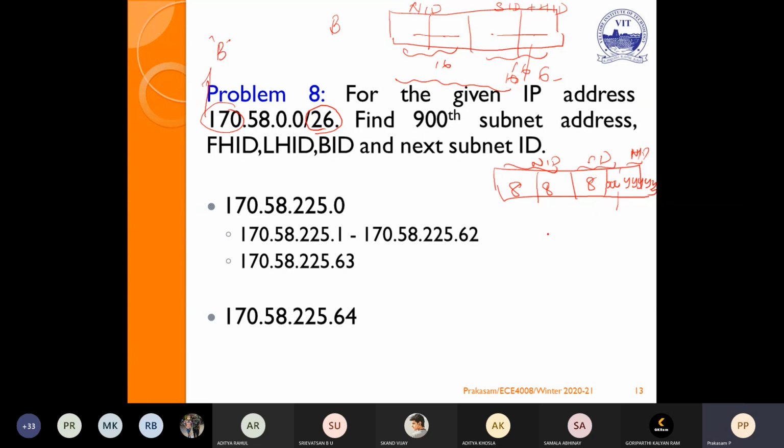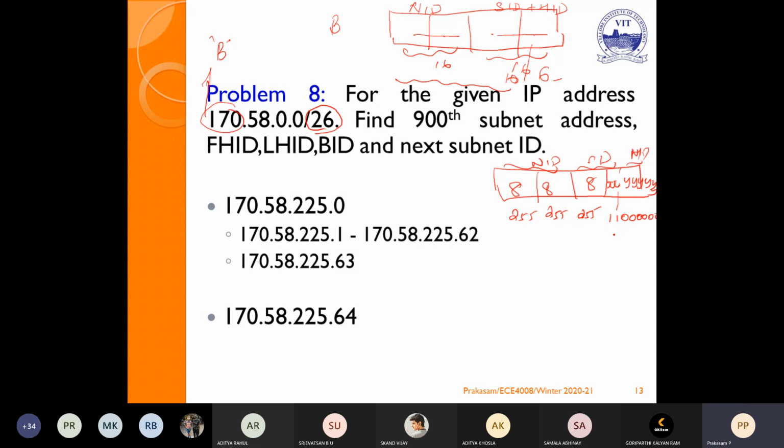So in the subnet mask, this is 8 ones 255, 8 ones 255, 8 ones 255, and in the last field, 2 ones and the remaining 6 zeros.